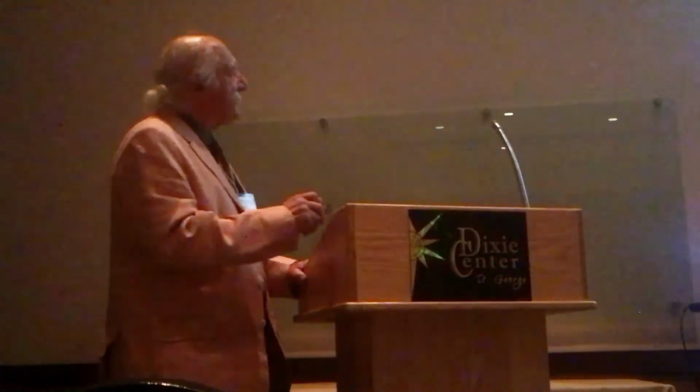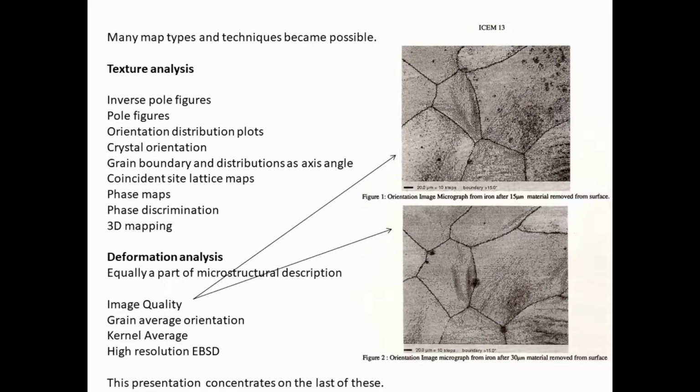So we start on the introduction to the next bit, which is we do texture analysis to characterize the microstructure because we want to know how the material came to be in the state it is when we're examining it, and then what will happen to it when we subsequently put it under mechanical constraint or we thermally treat it.